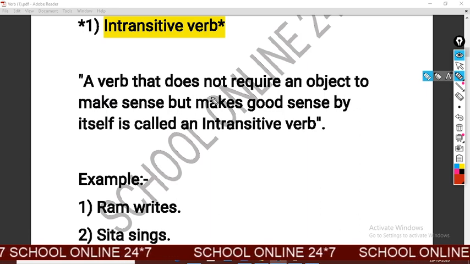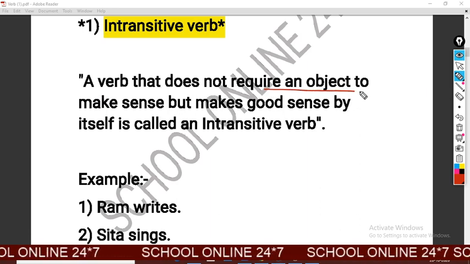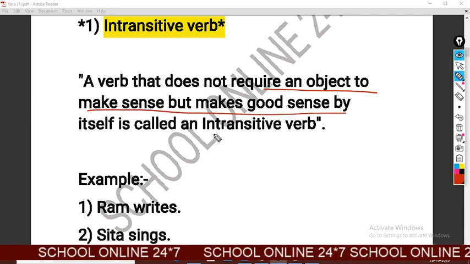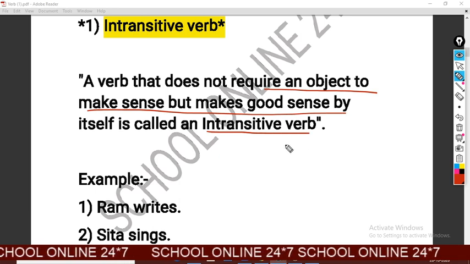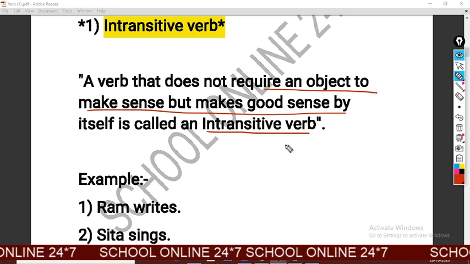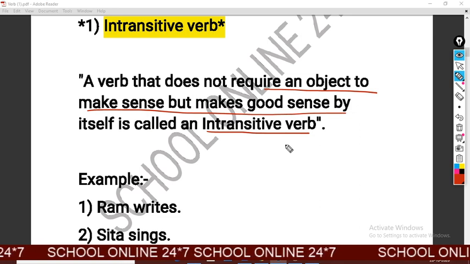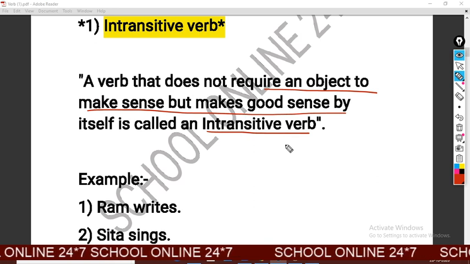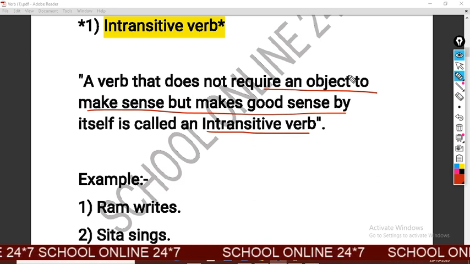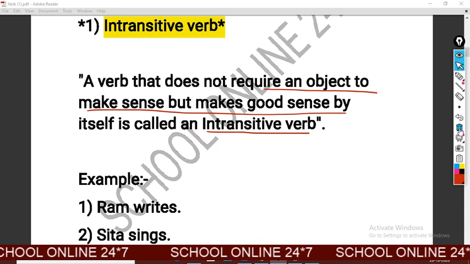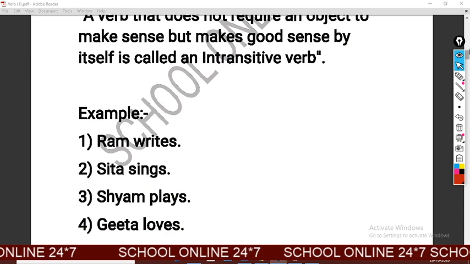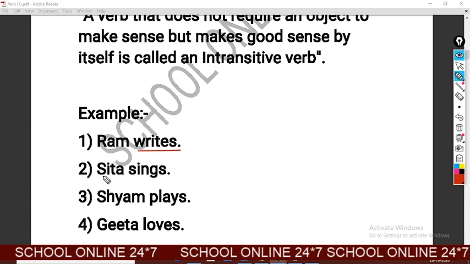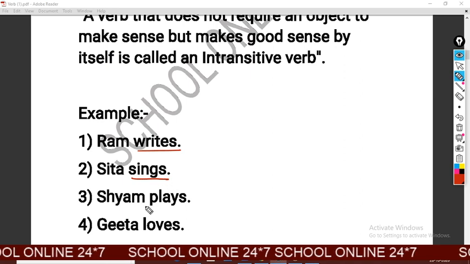A verb that does not require an object to make sense, but makes good sense by itself, is called intransitive. In other words, we can say these types of verb do not have any object to make the sentence make sense. Look at the examples and understand it. First example, Ram writes. Second, Sita sings. Third, Shyam plays.